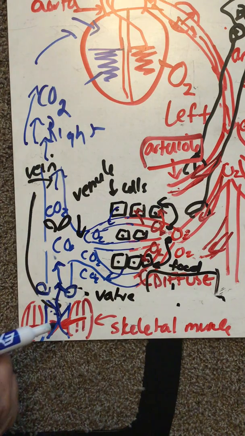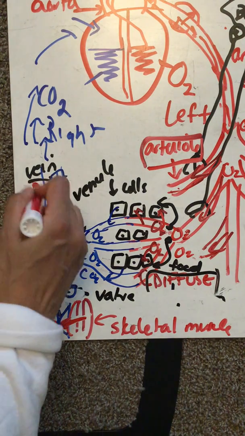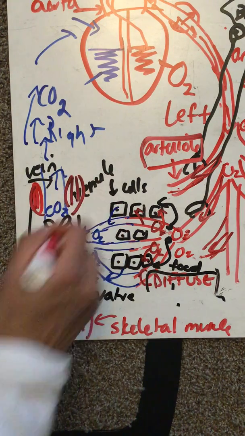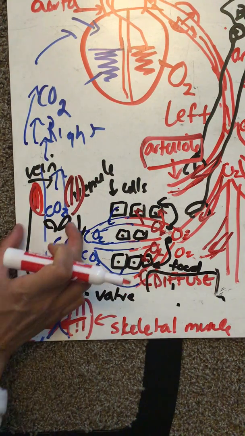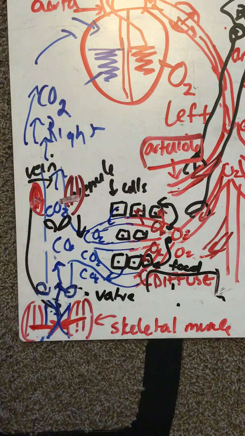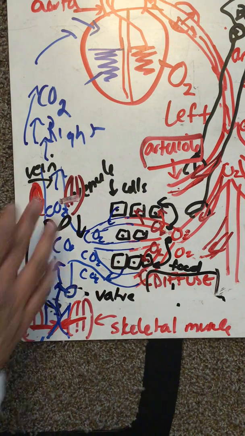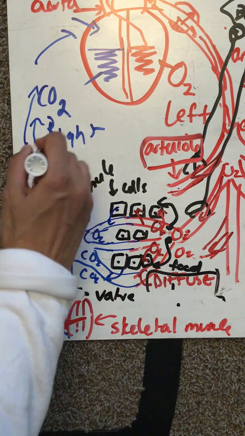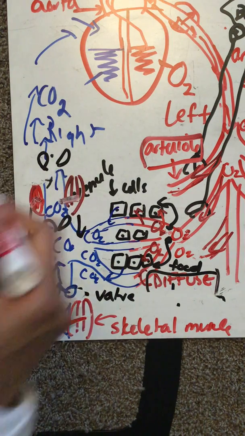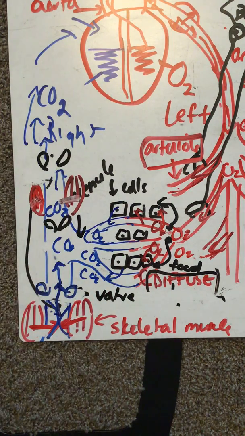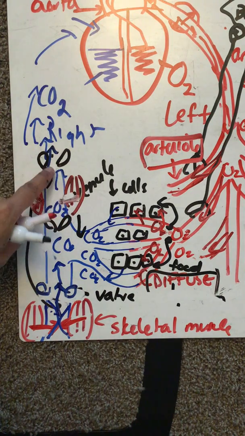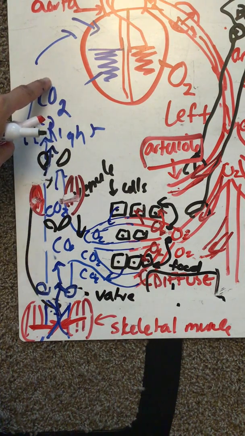You're going to see these skeletal muscles all throughout the vein like that. Okay? And you're going to see, when you squeeze those muscles, right? You're going to see the valve open and you're going to see the blood moving up. Okay? So you squeeze the vein, the valve opens, blood moves up.